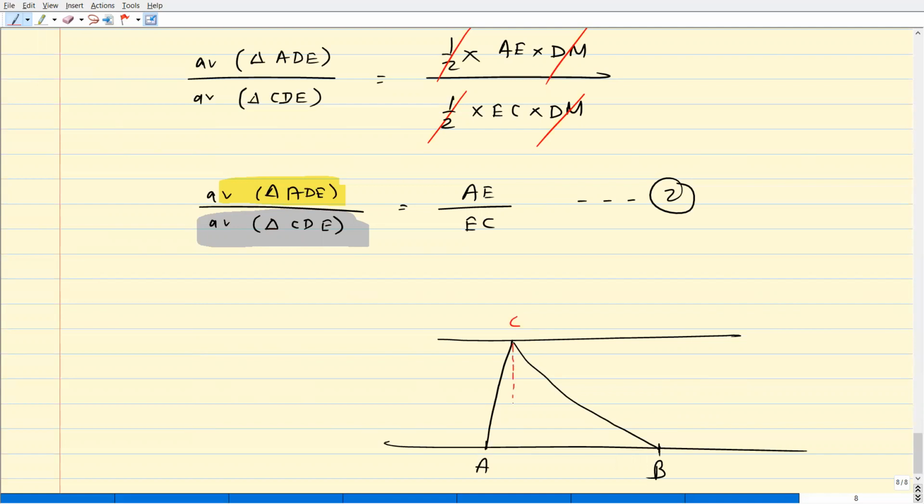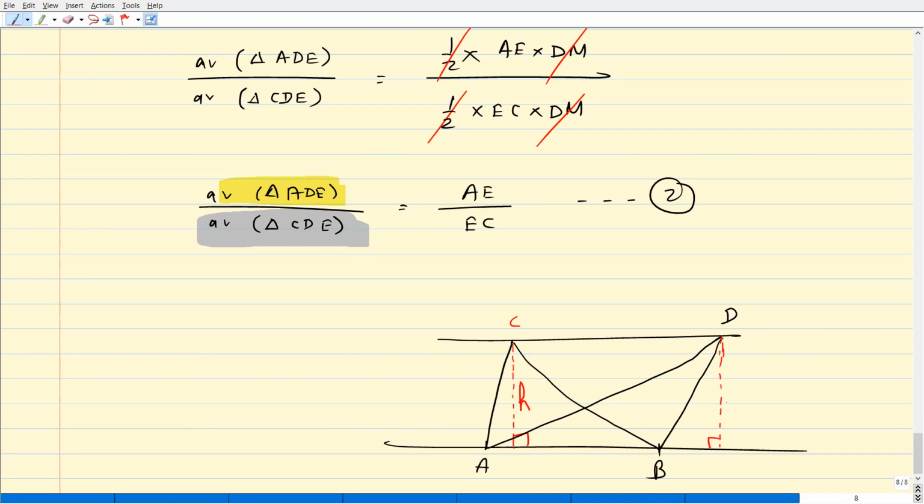So to get the height, we have to drop a perpendicular from here, and we will call this as height. Yes, sir. Okay. Now with the same base AB, let me draw some other triangle. And this point, let's call it as D. So if I want to find the area of the triangle ABD, I will again have to drop a perpendicular from D to the base AB. So the height will be something like this over here, right?